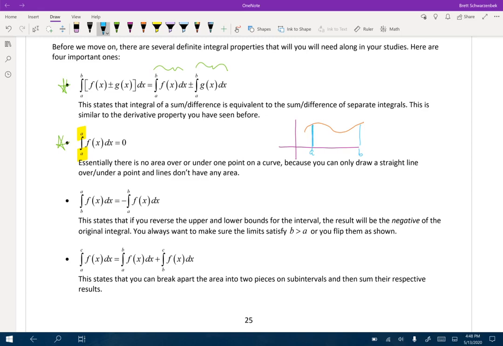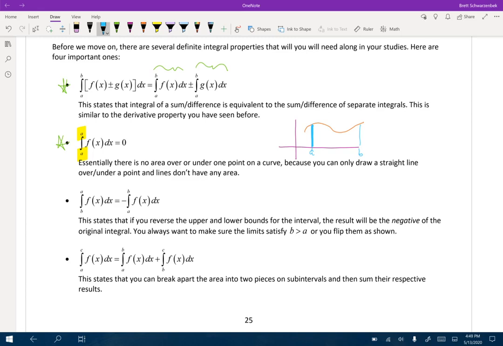Okay, so you have to realize that we're finding area. And when you go from a to a, what is this right here? This is a straight line. So there is no area above a straight line at all, or on a straight line. So area is made up by dimensions.